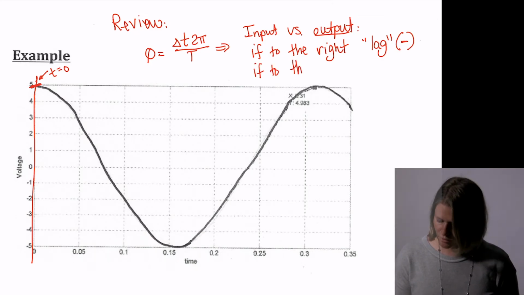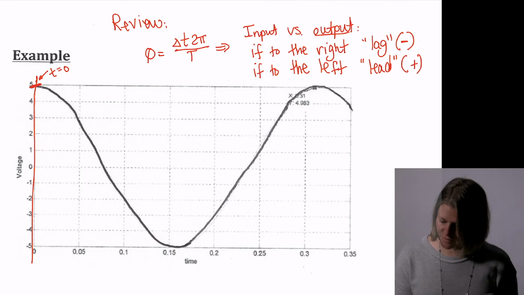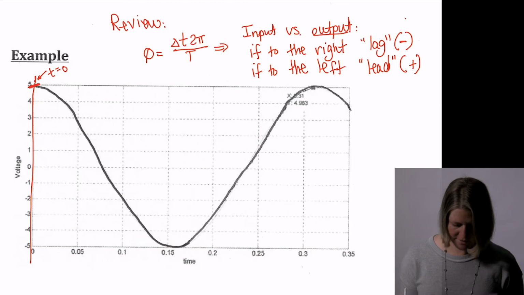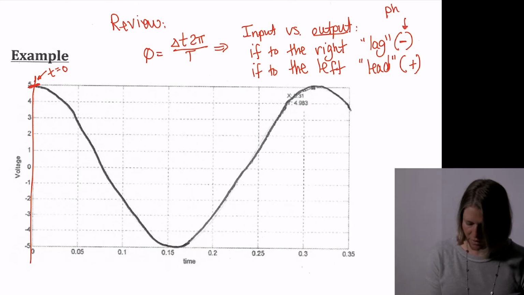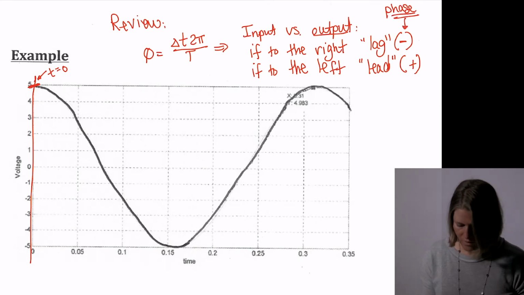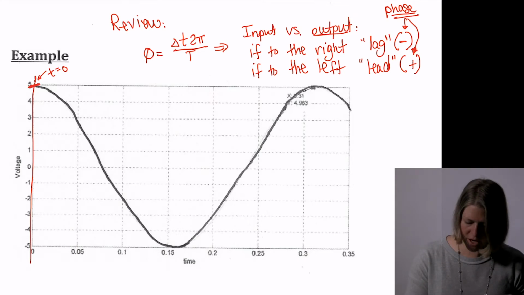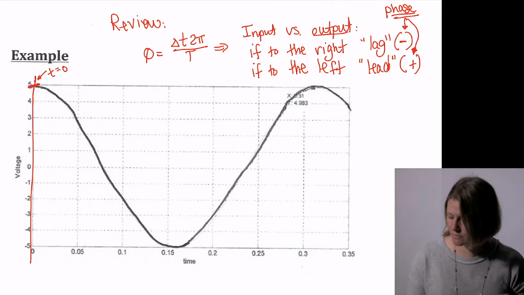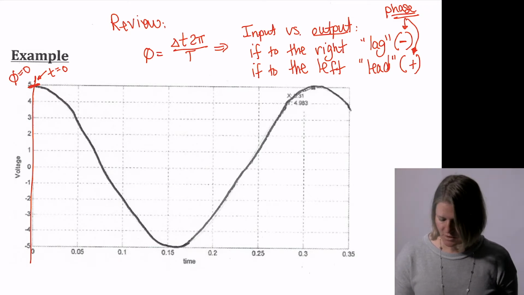If it is to the left, we say that the output signal leads the input signal, and we would say that this is a plus. So here we see that our peak of our output signal is also a peak at time equals 0. So we will not have a phase shift for this example. So there will be no phase shift.